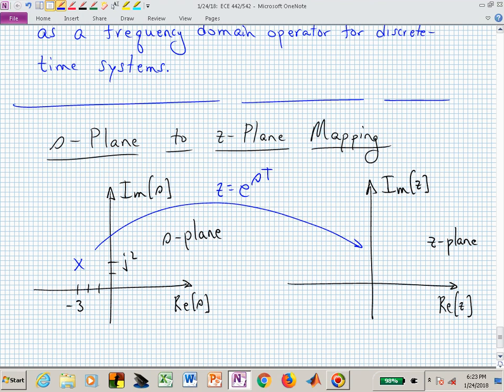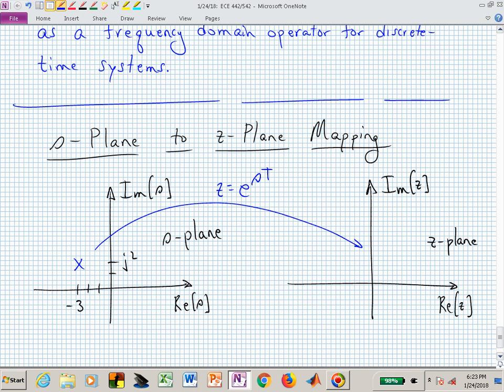And if that corresponded to a signal, that's now an e to the minus 3t cosine of 2t like expression. Our damped frequency of oscillation is 2 radians per second, and our damping is minus 3. Where does that go?